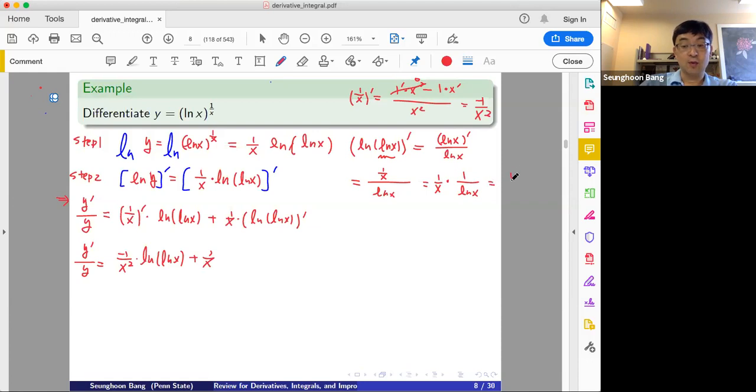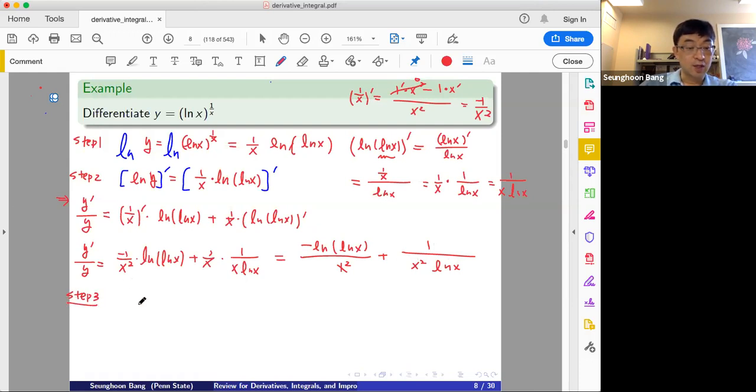So we have 1 over x times ln of x. What happens? We have negative ln of x over x squared plus 1 over x times x, which is x squared, ln of x. This is y prime over y. That's step 2.